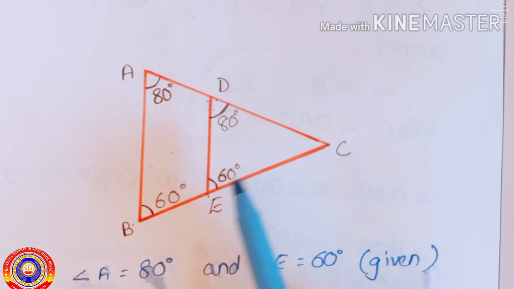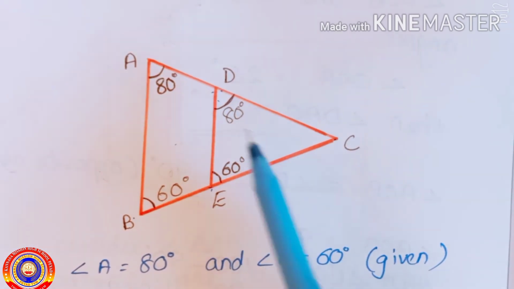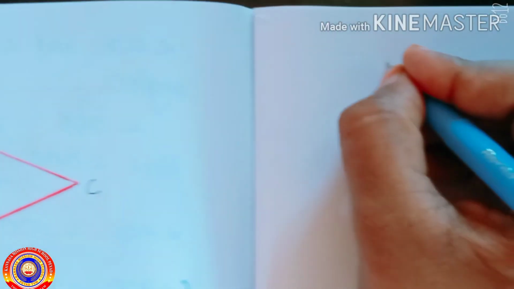Next we have to find the last angle, that is angle C. As we know, the sum of the angles of a triangle is 180 degrees.